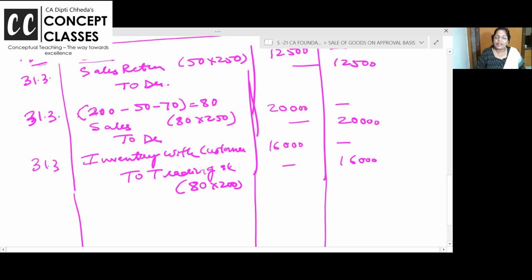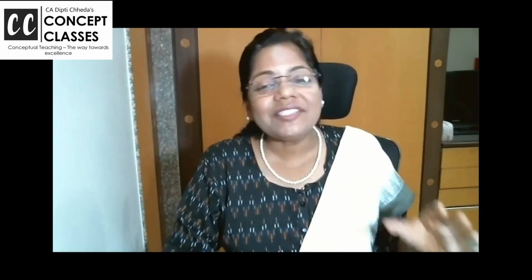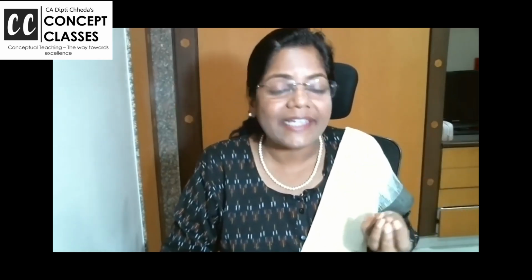This is the inventory which is lying with the customer. Easy or not? Ma'am, last problem. Now you didn't make an equation. Sometimes for 5-10 marks we are struggling, and students are leaving problems like these in choice, which you should not leave, right?